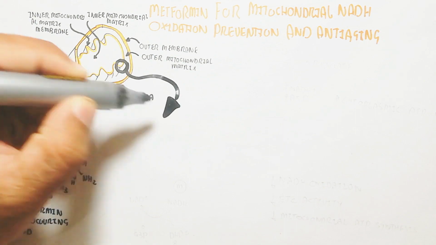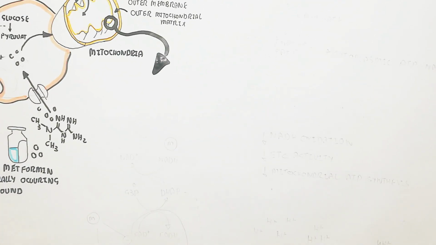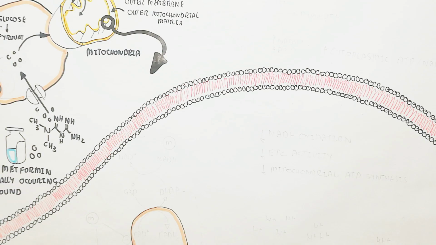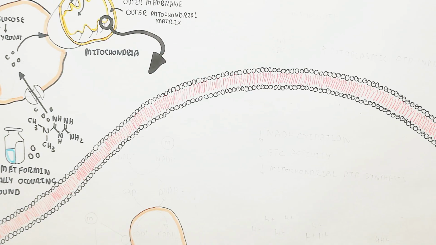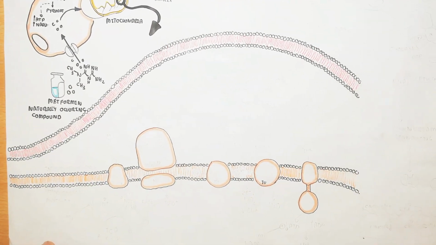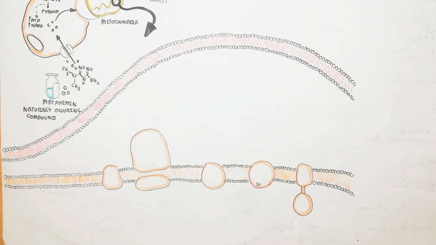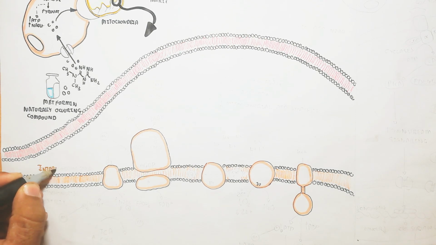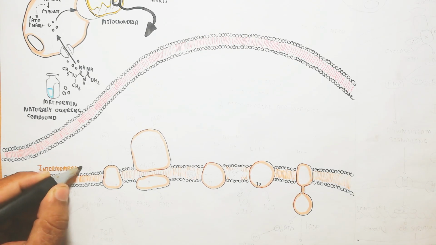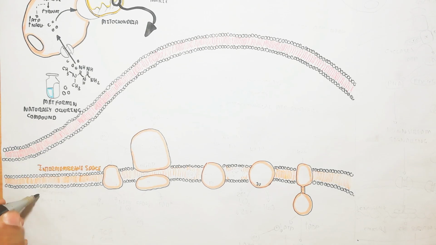NADH is a vital compound naturally occurring in our body for oxidation-reduction reactions, and it provides the electrons for the electron transport chain to produce a massive amount of ATP. When pyruvate enters the inner mitochondrial matrix, the tricarboxylic acid cycle or Krebs cycle is triggered due to acetyl CoA.